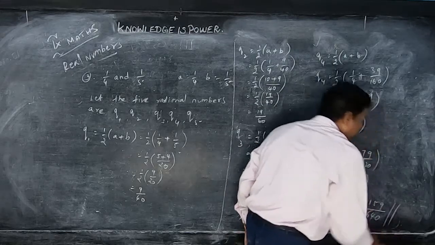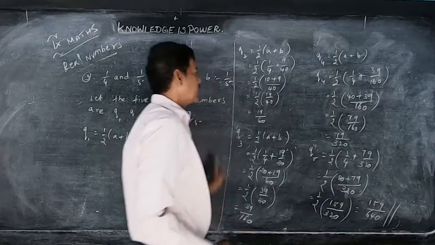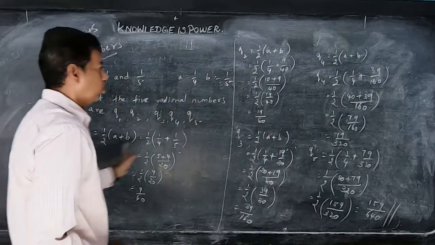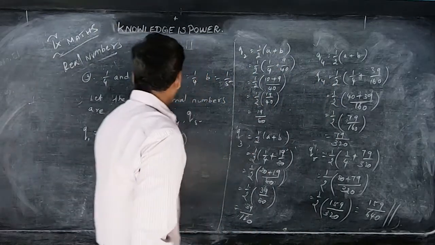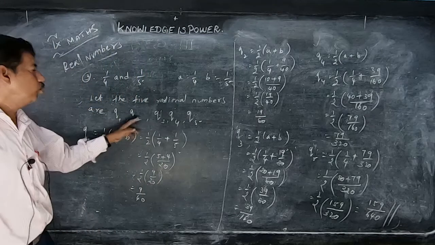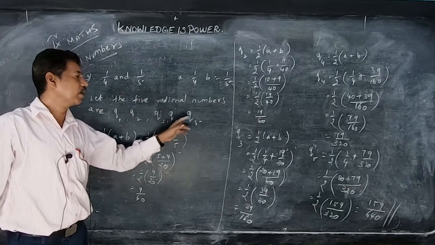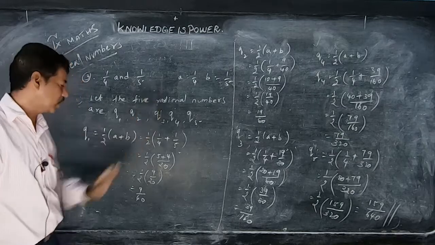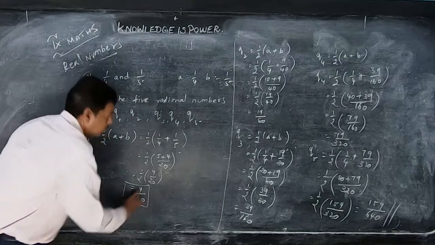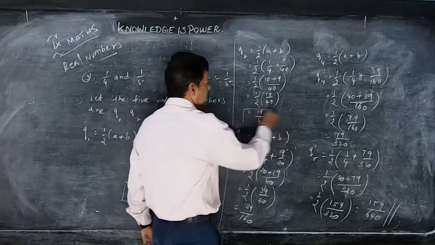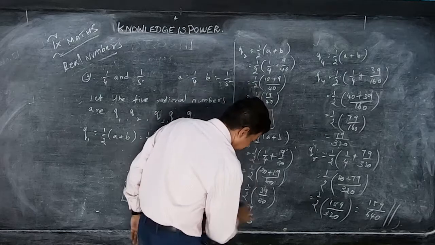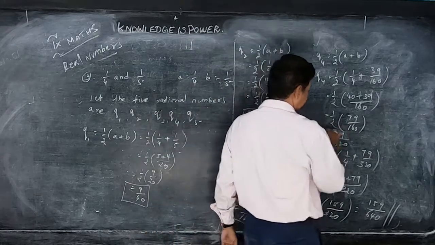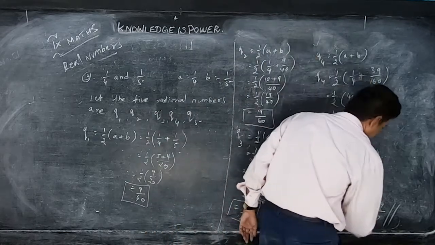So these are the 5 rational numbers. Finally, after finishing all the terms, you write Q1, Q2, Q3, Q4, Q5. The 5 rational numbers are: this is the first one, this is the second one, this is the third one, this is the fourth one, and this is the fifth one.